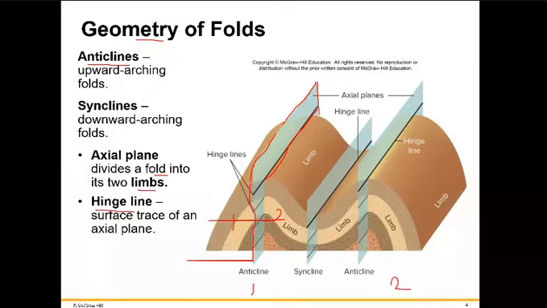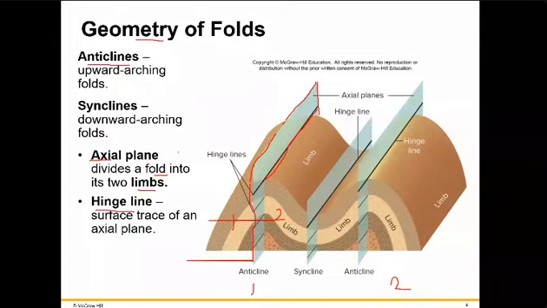These two terminologies are very important, because when we begin to classify folds, they will come up. When we begin to classify folds, you see that these two terminologies are quite important for you to understand.